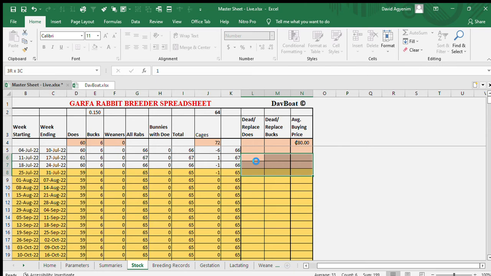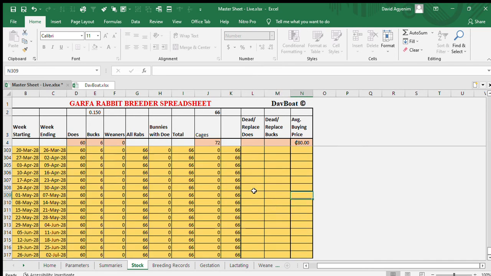So this will possibly be the only active column that you will be adding to or subtracting from your breeder stock, same as this for the bucks, and here for your average buying price or selling price.